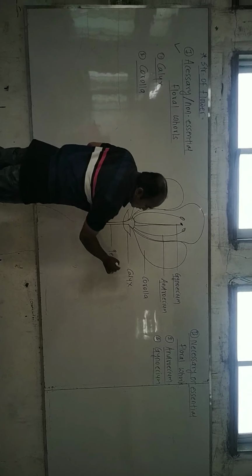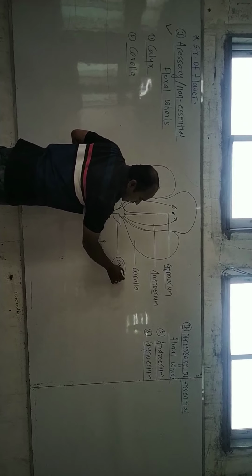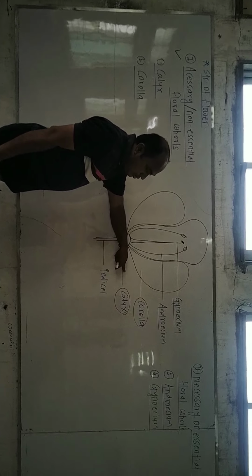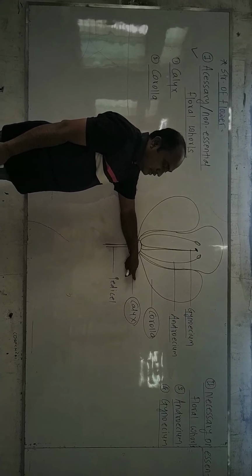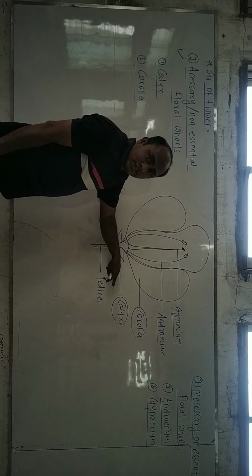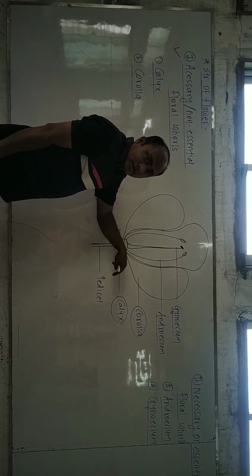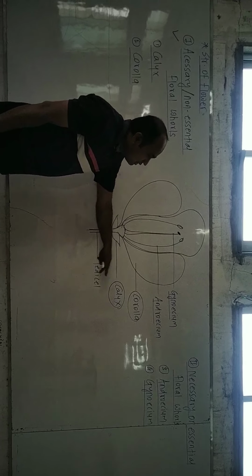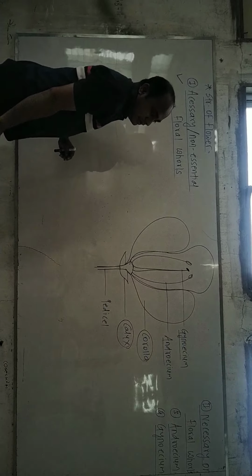Because these two parts, calyx and corolla, do not participate directly in the sexual reproduction of the flower, so they are called non-essential or accessory.